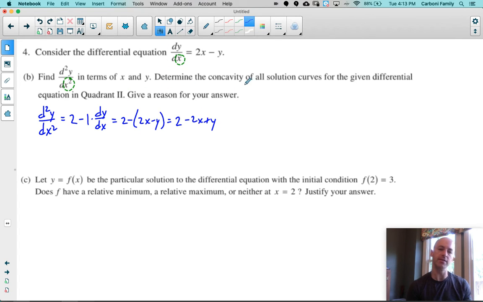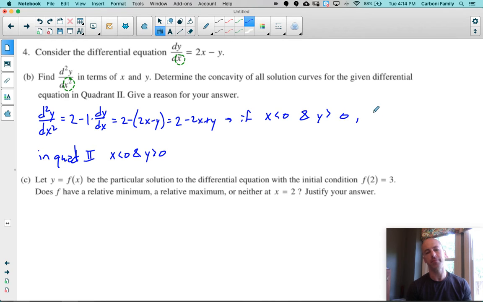Then it says determine the concavity of all solution curves in quadrant 2. So in quadrant 2, your x's are negative and your y's are positive. And so if x is negative and y is positive, then 2 minus 2x plus y, if I plug a negative in for x and a positive in for y, that will always be positive.